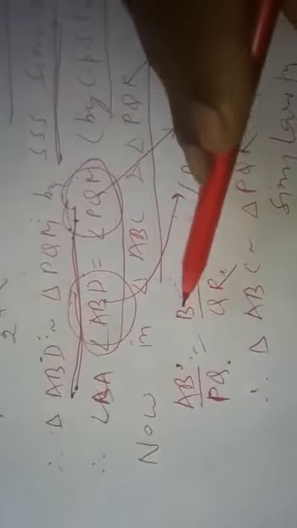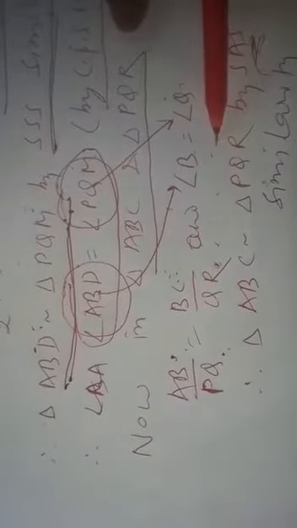If we use only vertex letters, then angle B is equal to angle Q. So what do we obtain? We obtain that the ratio of two sides of two different triangles are equal and their included angles are also equal. So by SAS similarity, triangle ABC is similar to triangle PQR.